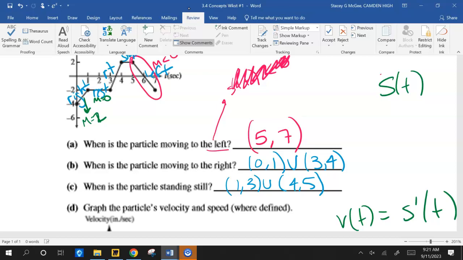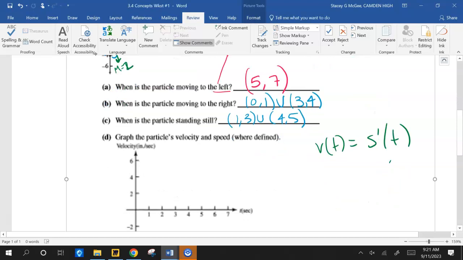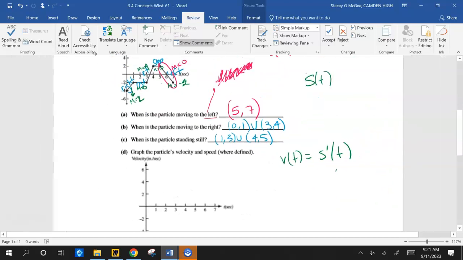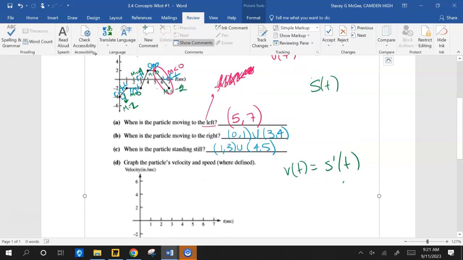You're up 2, 4, then 0. Let's see, down 2, 4 over 1, 2. So I'm going to plot this on this graph here. If you want a copy of the sheet, I can give you a copy.